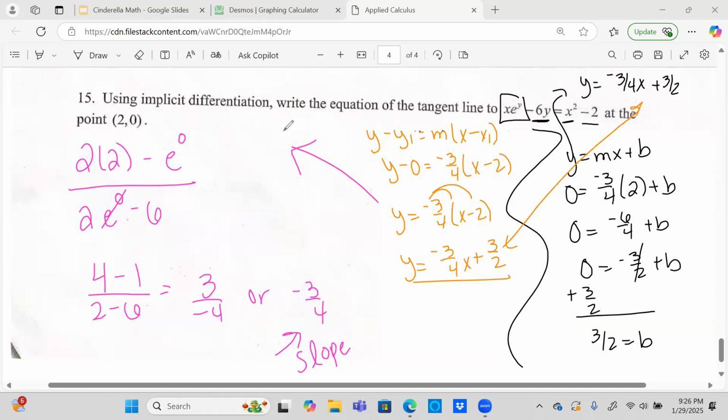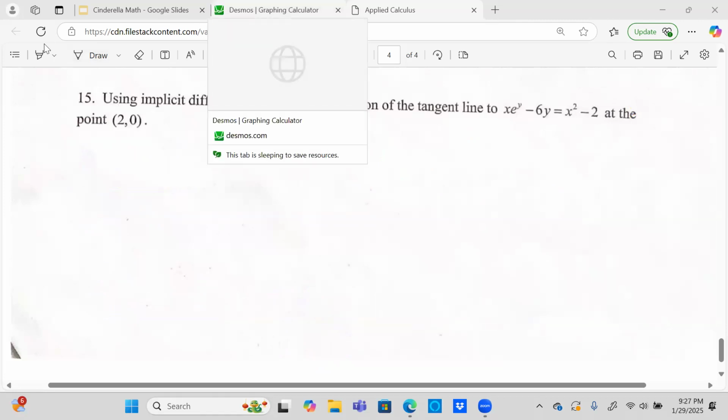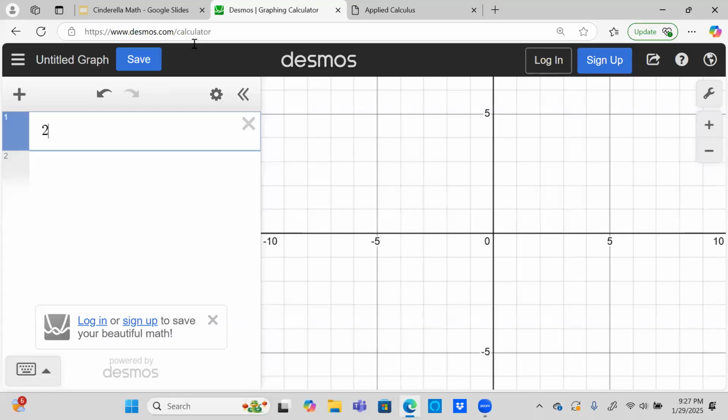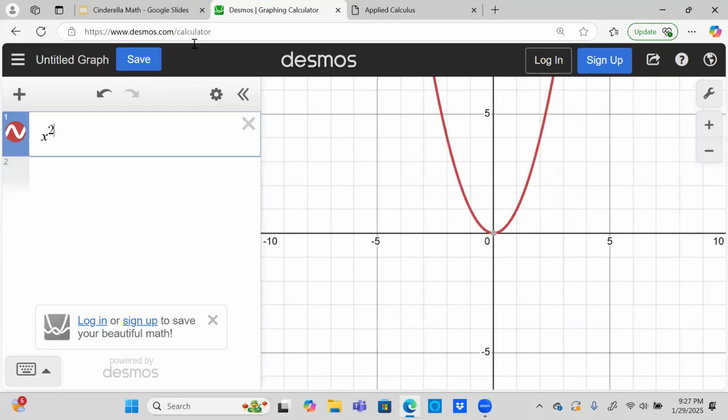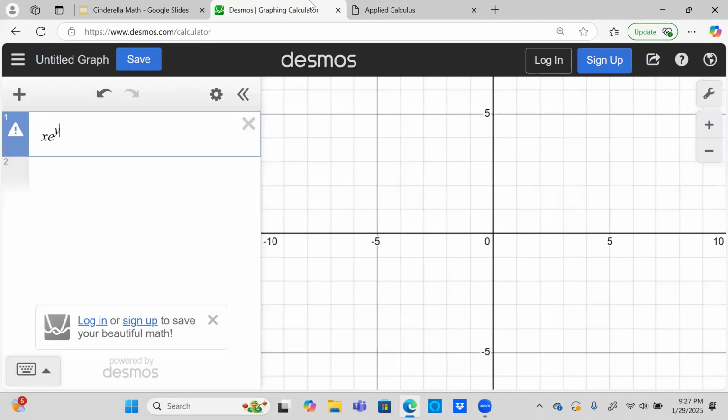Okay. If you are allowed a graphing calculator, you can graph that. So I'm going to go over to Desmos. I'm not going to do 14. I'll just do 15. That was x times e to the y minus 6y equals x squared.